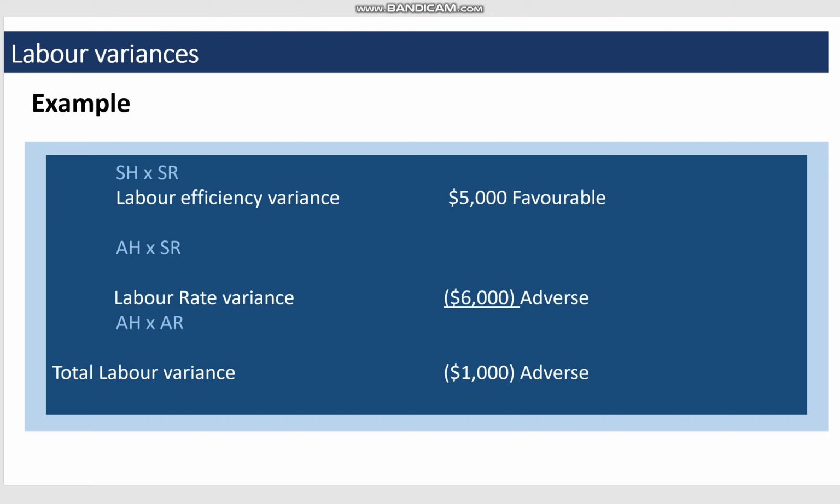No doubt we did pay more to the workforce than expected, but they did a good job by completing it quicker. So the total variance was $1,000 adverse, but of course we will have to check the impact of this on the product quality and the revenue generation before we see whether it is overall good for the company or it did not serve the best interest of the organization.